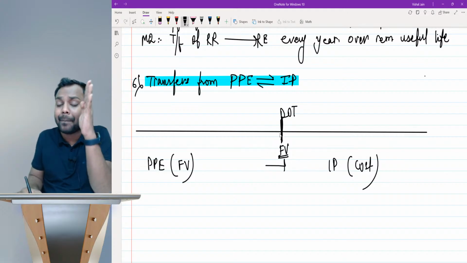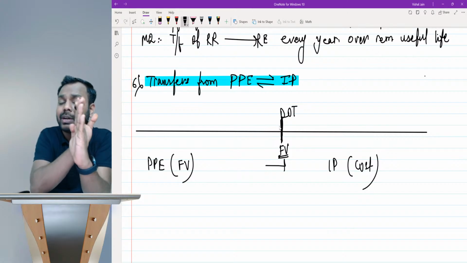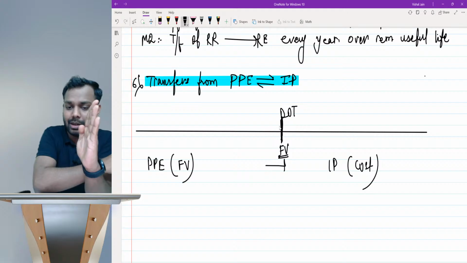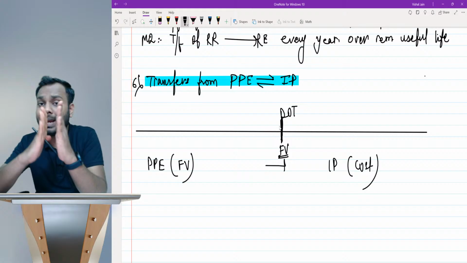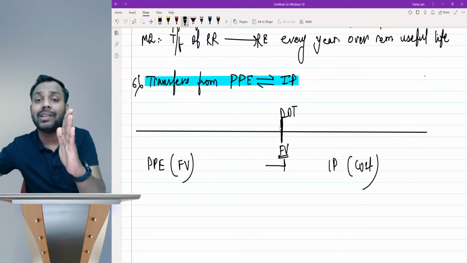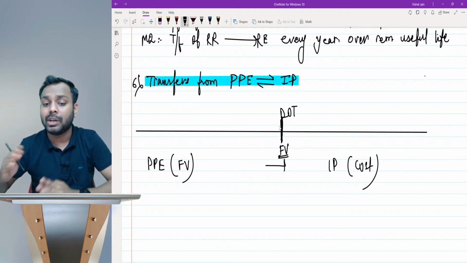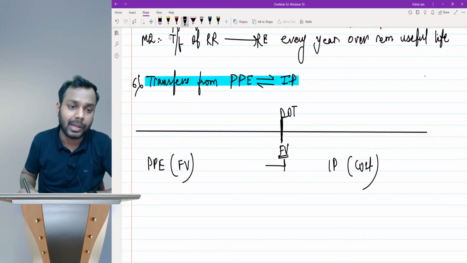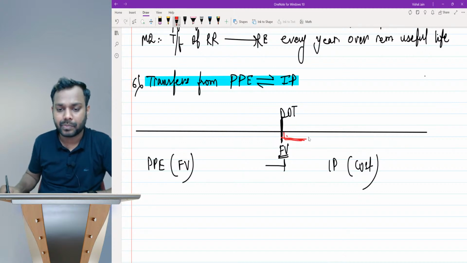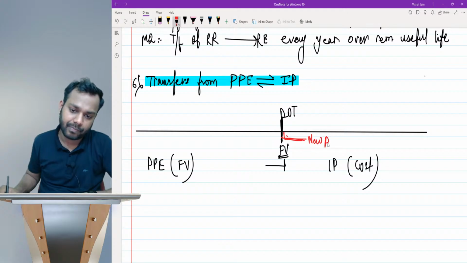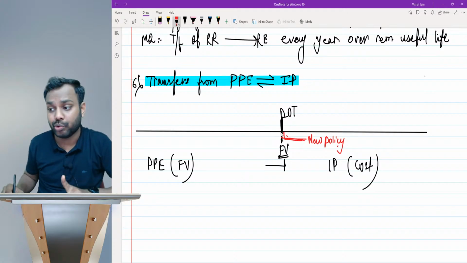Whatever changes are happening till the date of transfer will be dealt as per the old policy. After the date of transfer, the new policy will be used. Till date of transfer, old policy will be used.